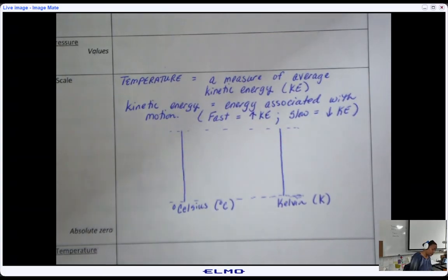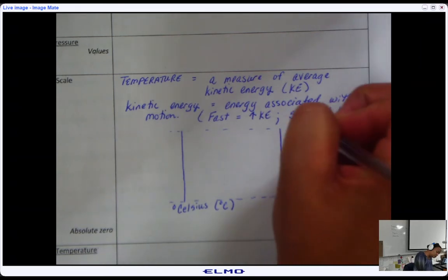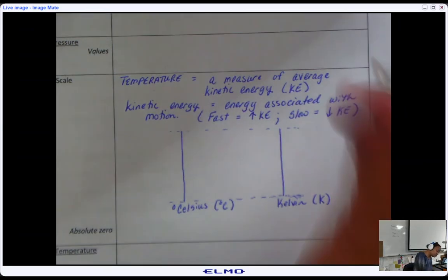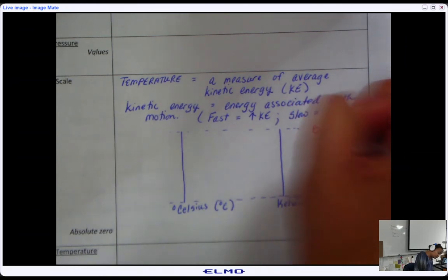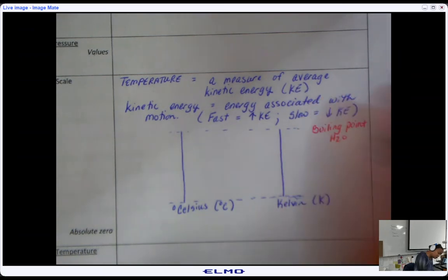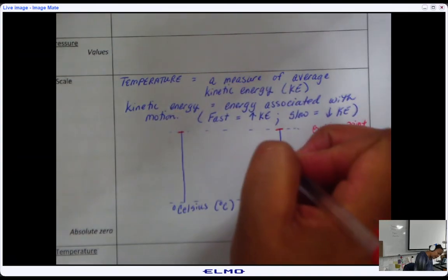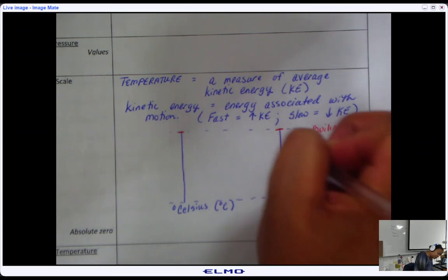We're going to have the boiling point of water, okay, I'm going to have this up here. I'm going to have the freezing point of water.